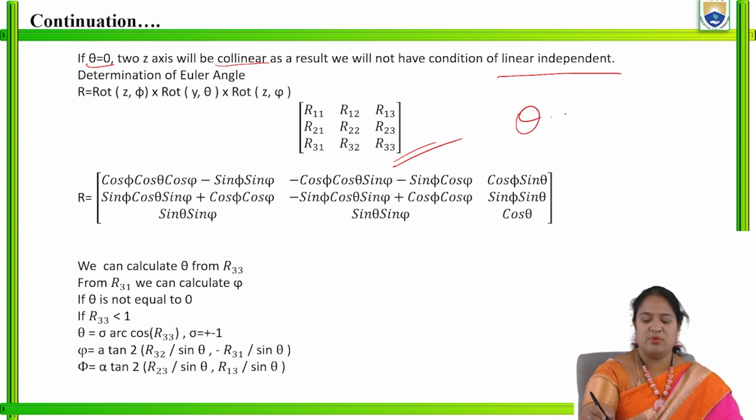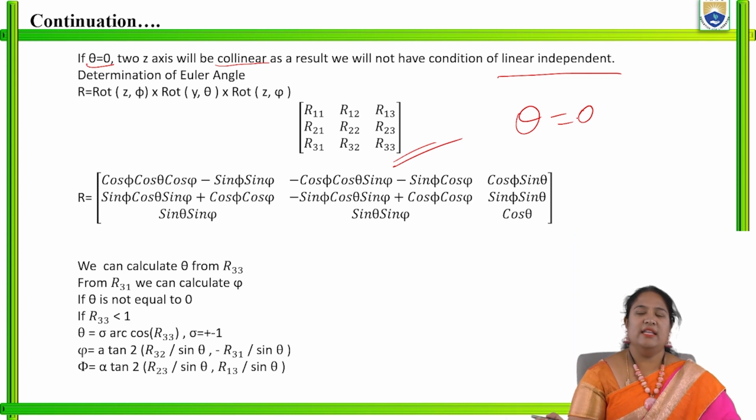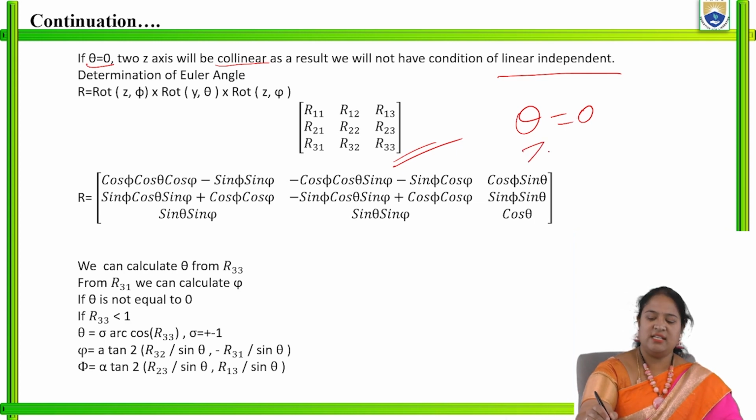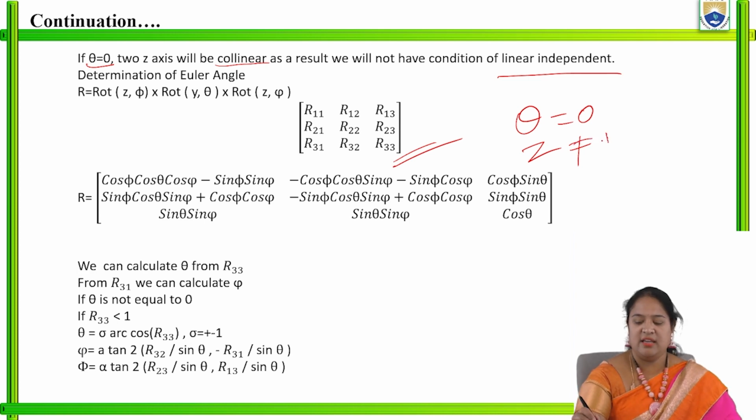When theta is equal to 0, the z-axes will not be linearly independent.